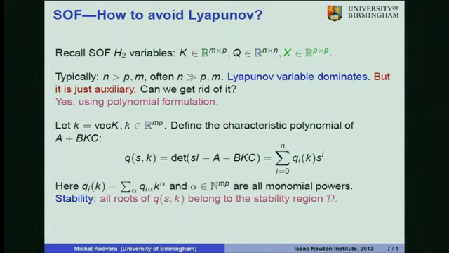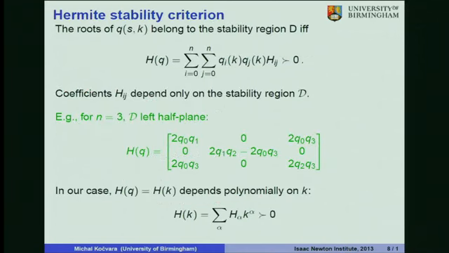Okay, and for stability, we need to guarantee that all roots of the characteristic polynomial belong to the stability region, which is the left half plane. And for that, we have the Hermite stability criterion, which says that indeed all roots belong to a stability region, in our case the left half plane, if and only if this matrix is positive definite.